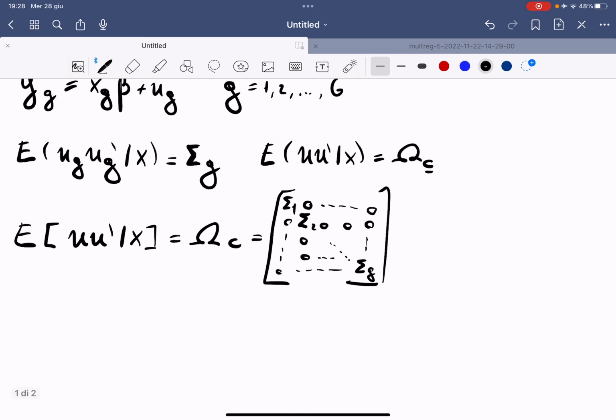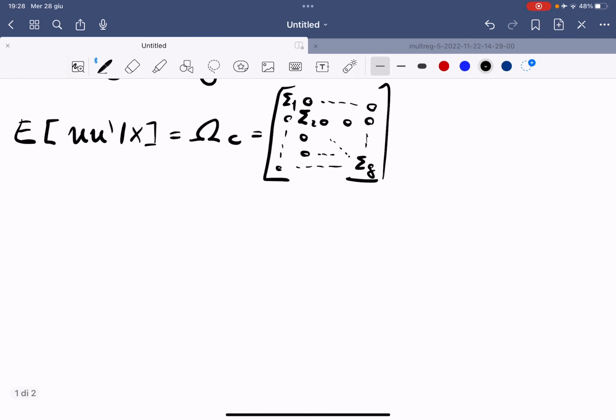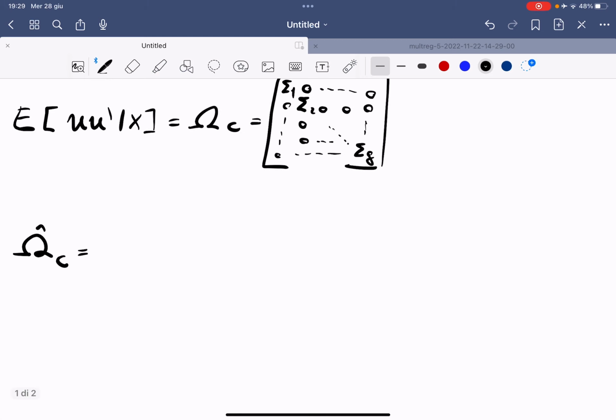Now, since we don't know the actual value of the variance, we estimate it by omega hat c. It will be equal to a square matrix, where the sigmas are substituted by our estimated ones.